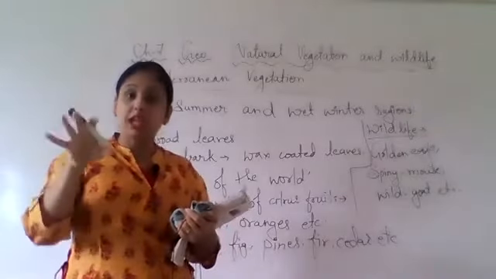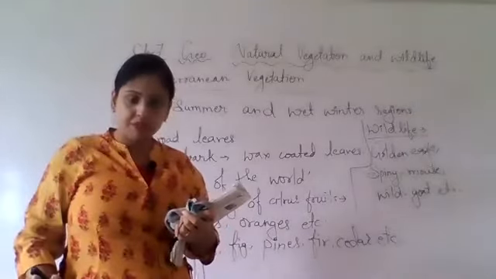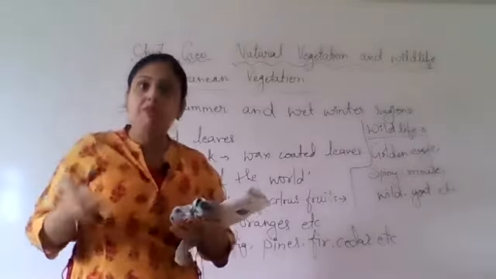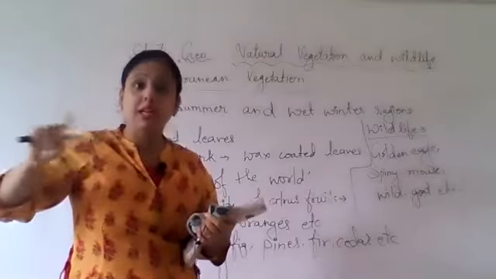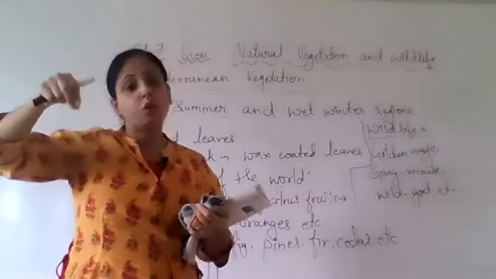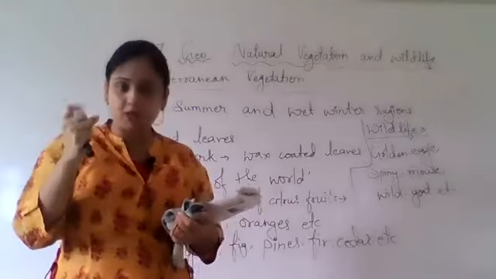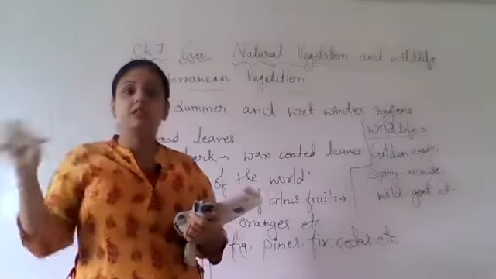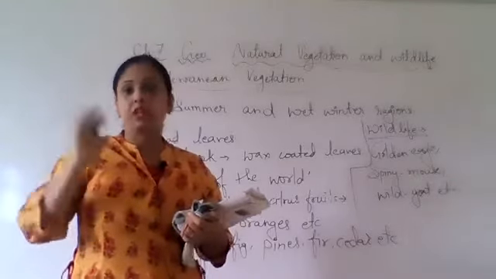Lotus: they always remain in water, and because of that, to protect themselves from water, they have wax-coated leaves, right? So if water goes on those leaves, it will not be absorbed. The leaves will not absorb the water, and it will just flow out from the leaves.